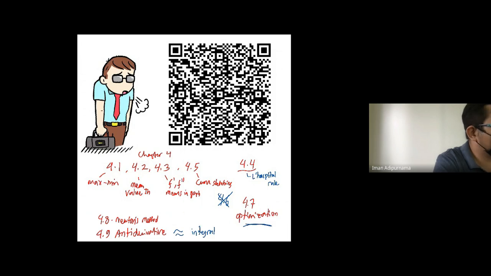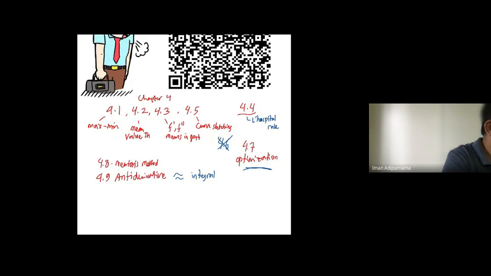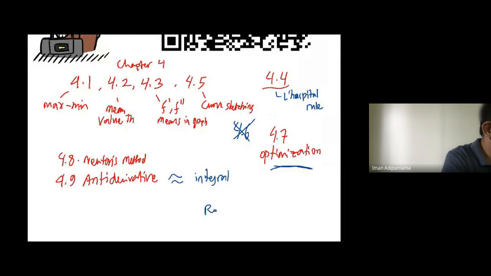And next week, maybe optimization a little bit, because optimization is, I think, similar to related rates. If you remember in chapter 3, there is related rates. I think it's 3.8.